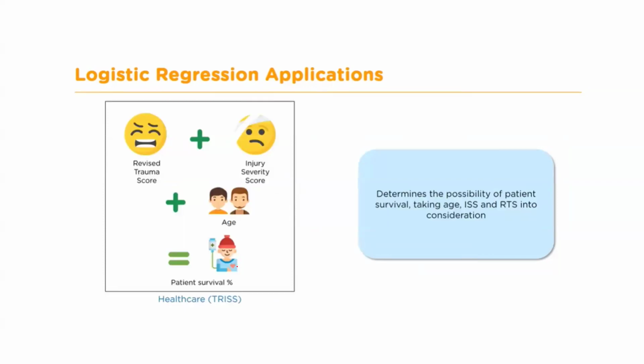Then healthcare: whether a particular patient has a disease or not. It determines the possibility of patient survival, taking age, ISS and RTS into consideration. That is the injury severity score and the revised trauma score. Taking all these conditions, we determine the possibility of patient survival.